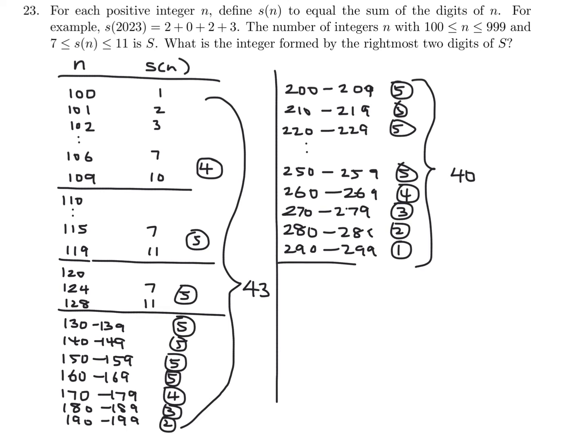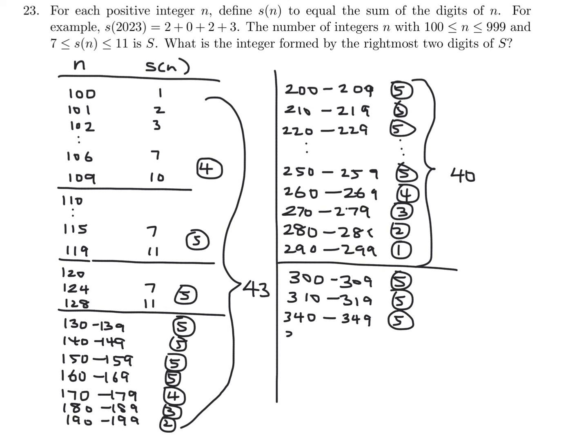And then I think I can just do one more. 300 to 309, that's 5. 310 to 319 is 5. And then for this one, I think when we get to 340 to 349, that's the last time you get 5.